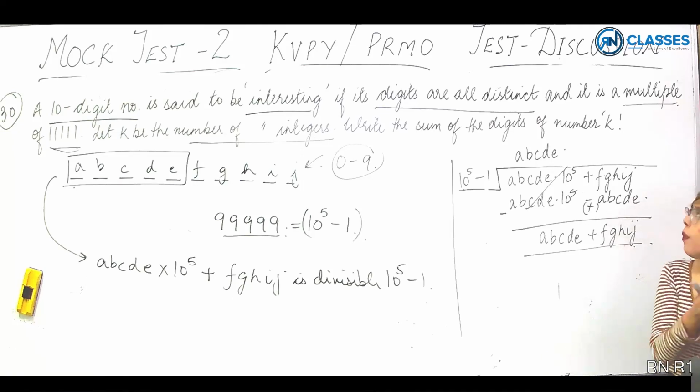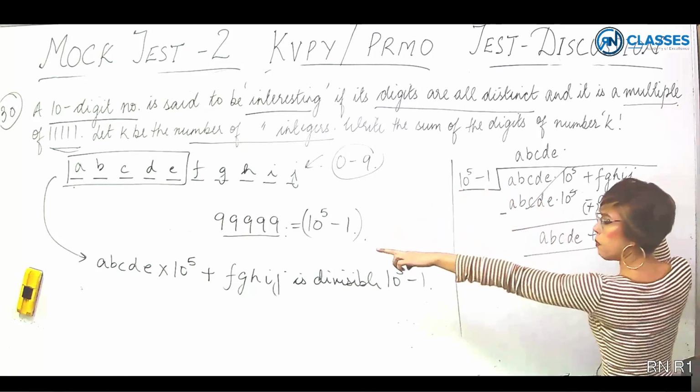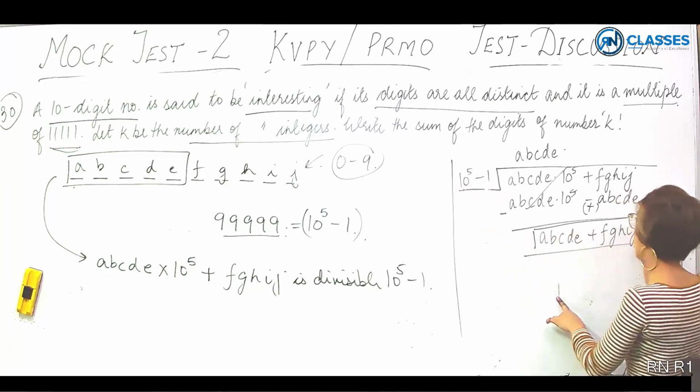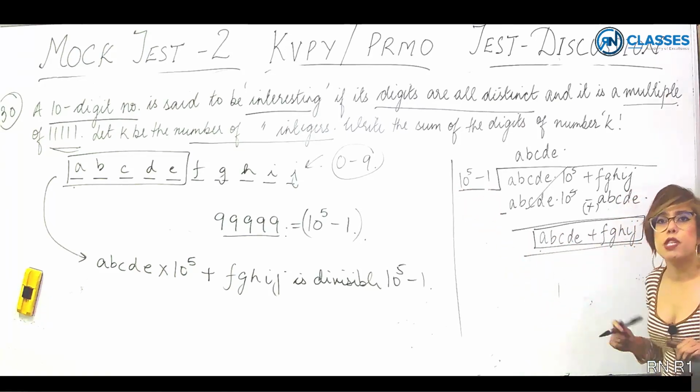Now, since I know that this number is exactly divisible by this, what can be the possible forms of the remainder?